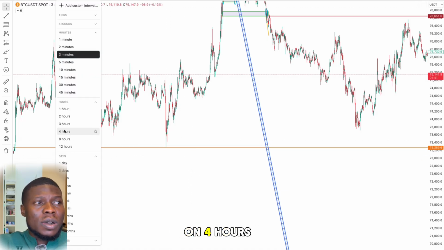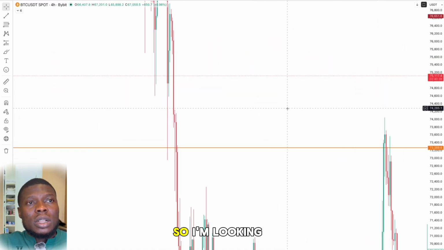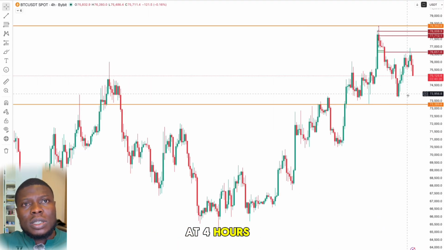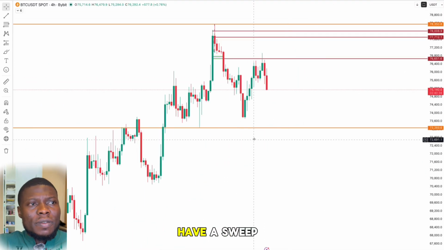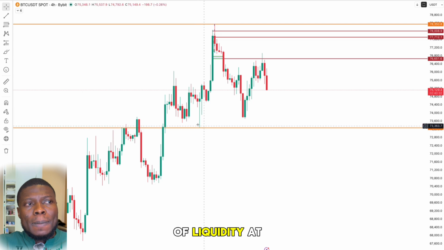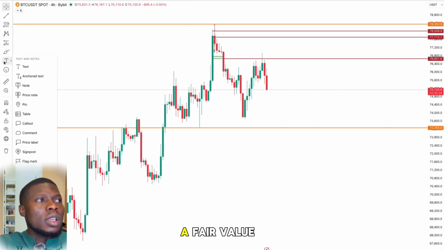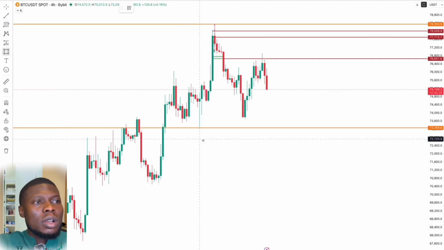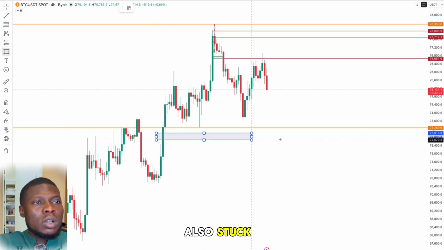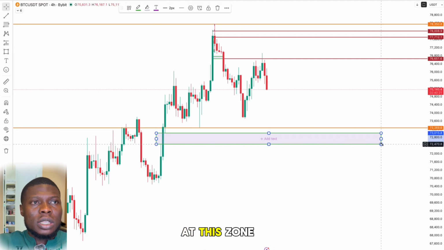You can zoom out on 4 hours to see the area I'm looking at. I'm looking at 4 hours for us to have a sweep of liquidity at this zone, and also have a fair value gap stuck at this zone.